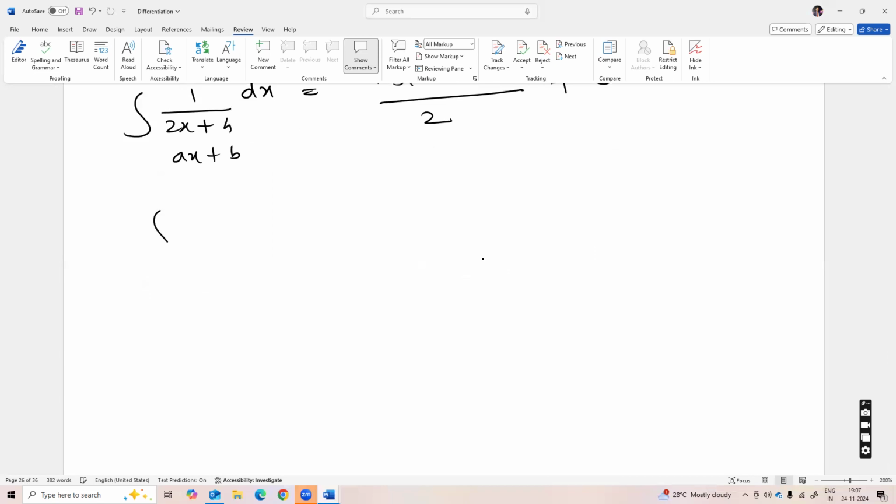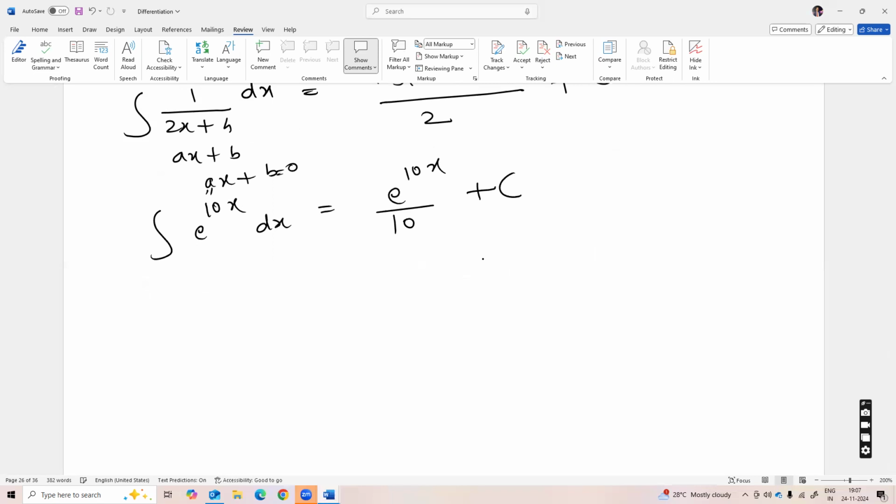Again, if you have to find the integration of e to the power 10x dx, writing it as ax plus b, here a is equal to 10, b is equal to 0. So it is e to the power 10x by 10 plus c.